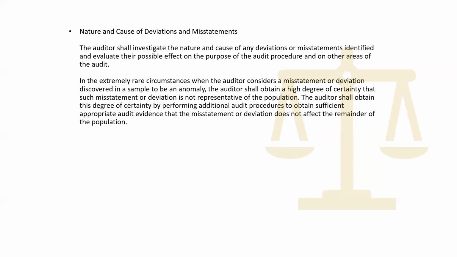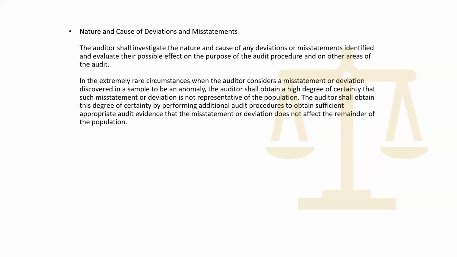And also, identifying a misstatement or a deviation does not mean that particular misstatement or deviation is an anomaly. So this is why you need to then obtain a further degree of certainty to draw a conclusion around the misstatement. And how you do that is by performing additional audit procedures.